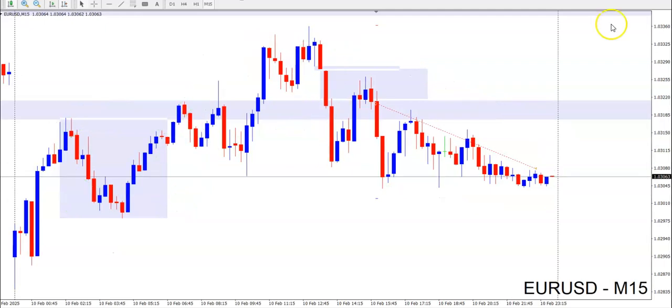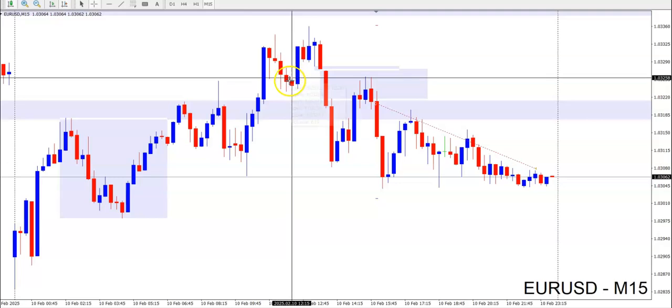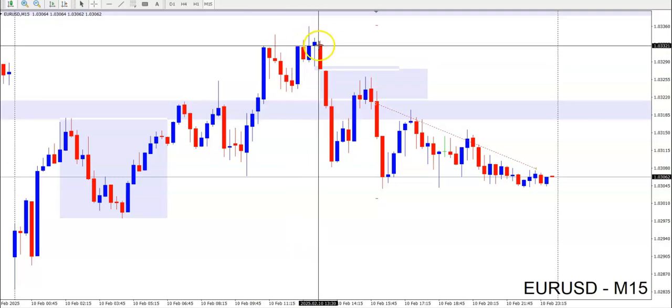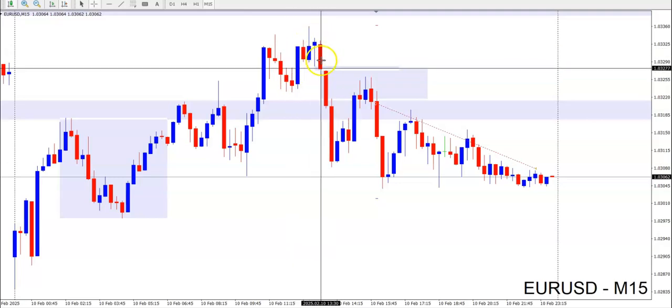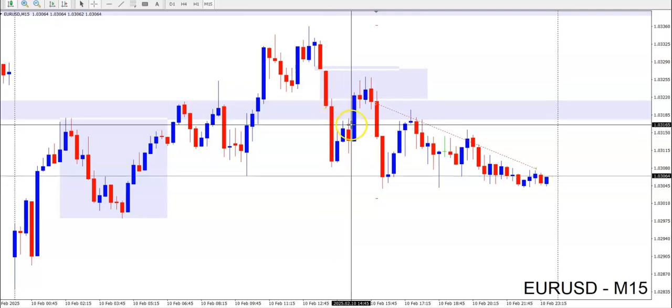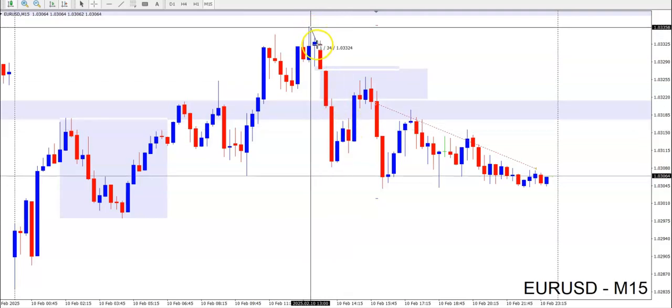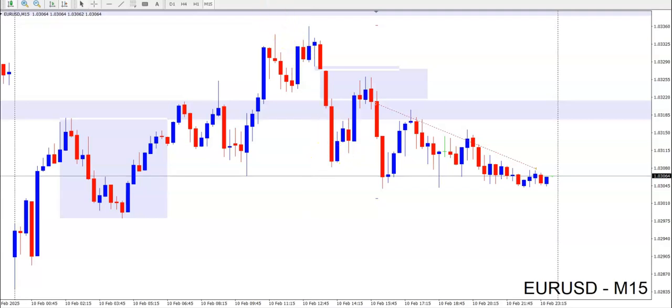So what we see here on the 15-minute time frame was this beautiful market structure shift. As we are getting closer to the New York open, we had this breakout to the downside. Market, as you can see, broke all these short-term lows. We had this high formed.